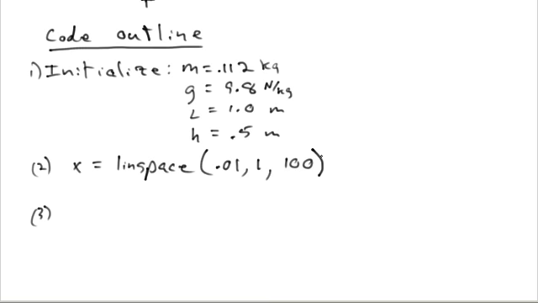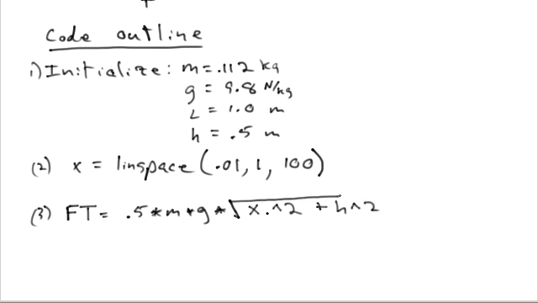0.5 times MGL. So FT, I think I'll call it, equals 0.5 times M times G times the square root of X, I'm going to use the dot there to say squared on an element by element basis, plus H squared, and that was 1 over that and 1 over that.